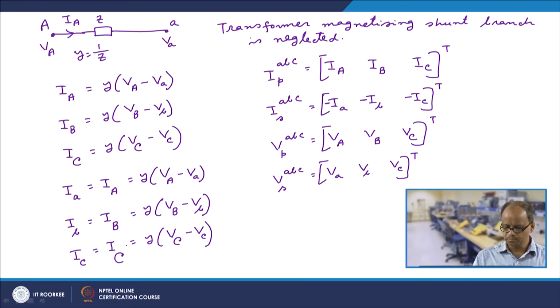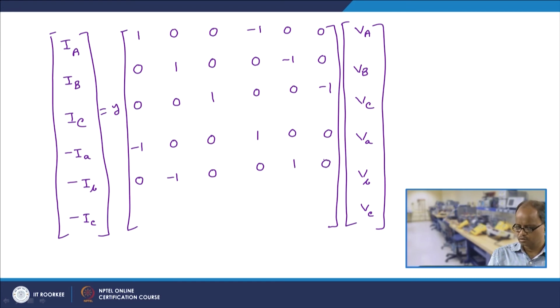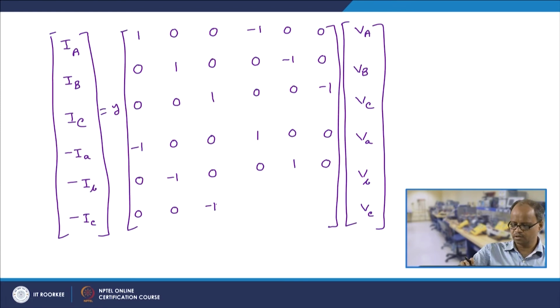Minus IA is minus 1 0 0, then 1 0 0. Similarly, 0 minus 1 0 then 0 1 0, and 0 0 minus 1, then 0 0 1. So this is the admittance matrix.